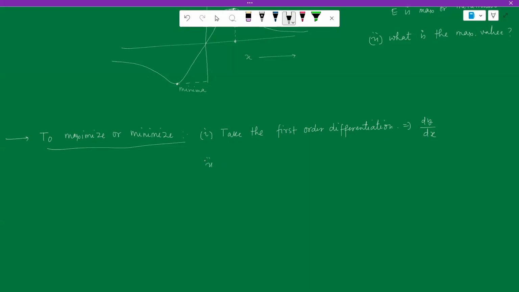Second step, put dy by dx equals to 0, right? And solve for x.